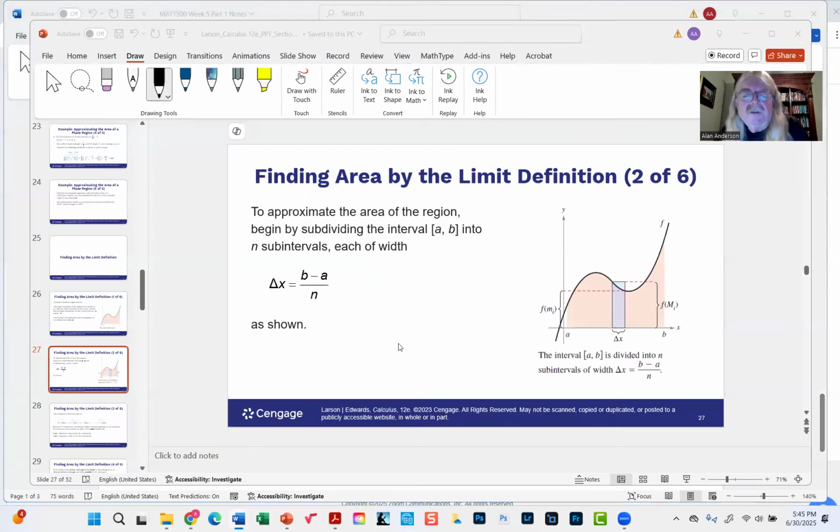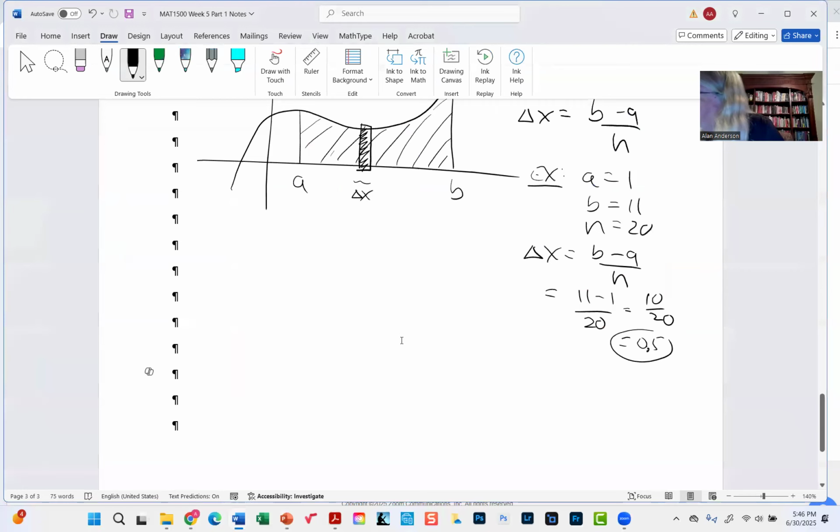So anyway, they're showing us that the height could be defined in two different ways, left and right endpoints. So they're going to call it, looks like f of lowercase m is the right endpoint approach. And the index i reminds us of which rectangle we're referring to here, of course.